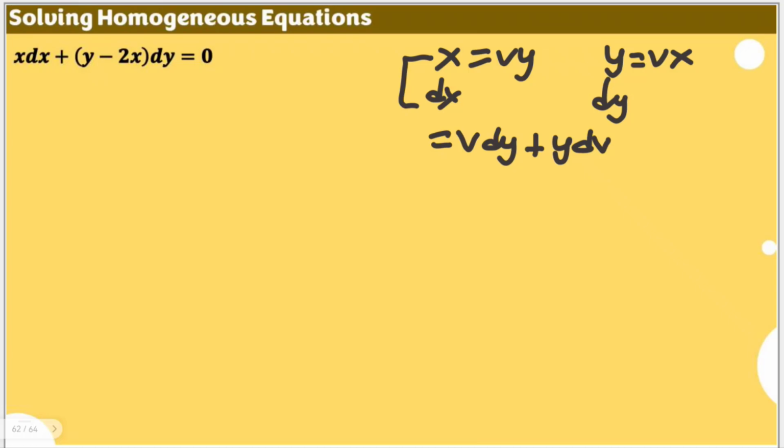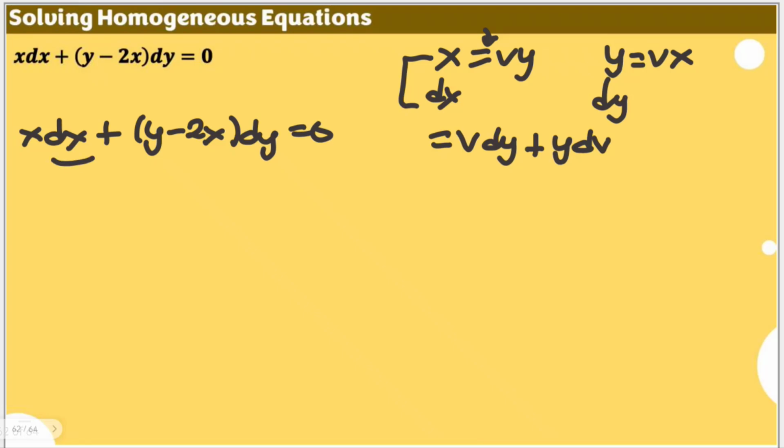So now, going on our equation, you have x dx plus y minus 2x dy equal to 0. Simply substitute vy for x. Again, we chose this because dx is easier, with a simpler expression.